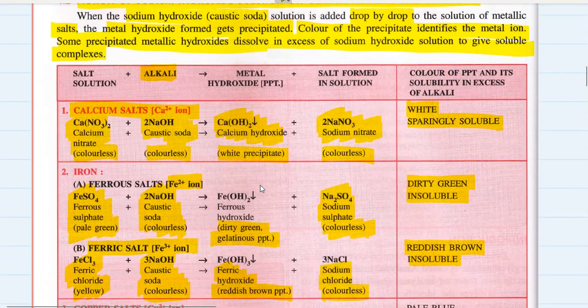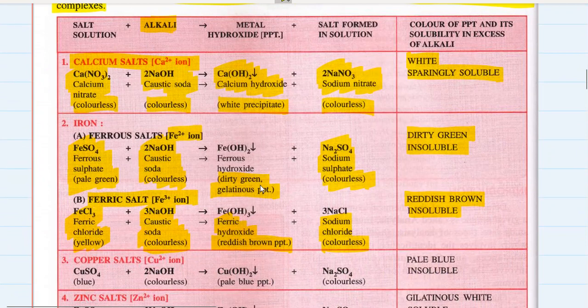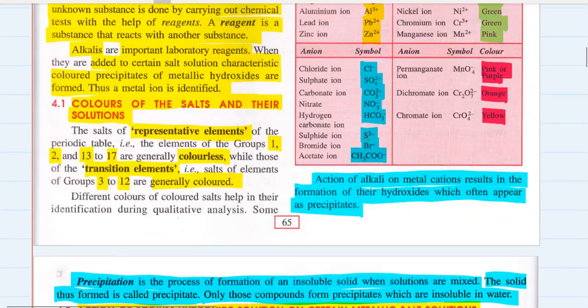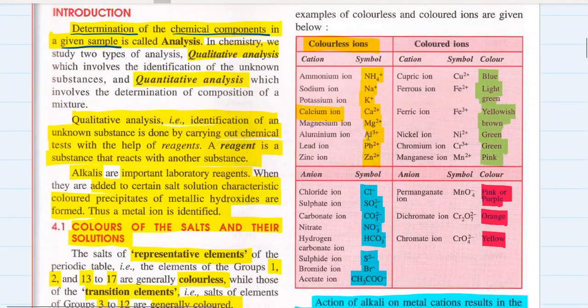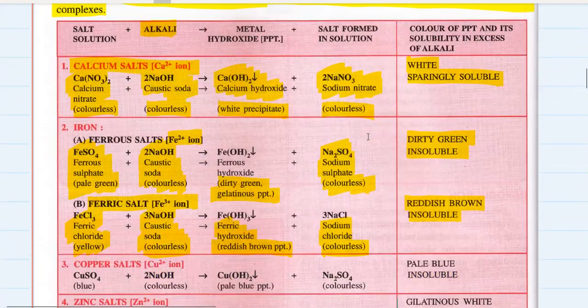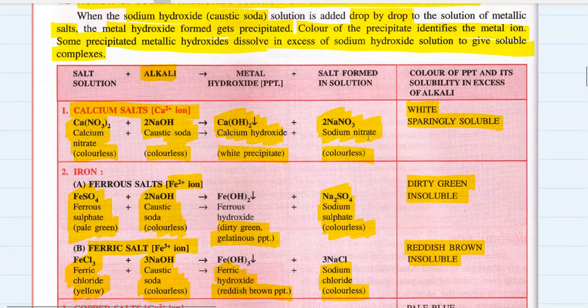I'm telling you again and again, you must memorize. Please don't make the excuse that you don't understand what is happening. I have explained very nicely what we are trying to achieve in this chapter, and what is being done. You have a salt solution, you add a reagent or an alkali into it, first dropwise and then in excess, and you observe the changes.